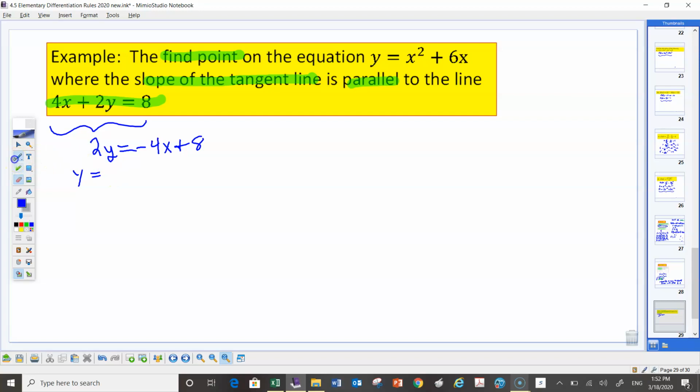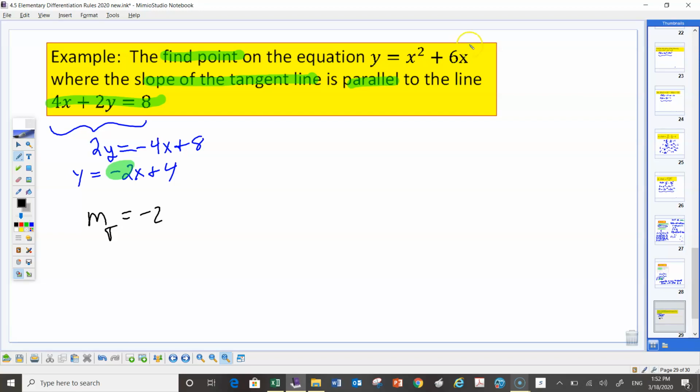So therefore, the slope of this line is -2, which means that the slope of my tangent line also has to be -2 because my tangent line and this line are parallel, and we know from Math 10 that parallel lines have the same slope.